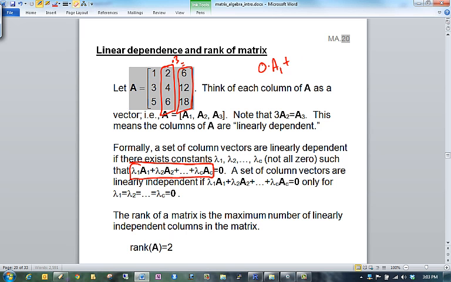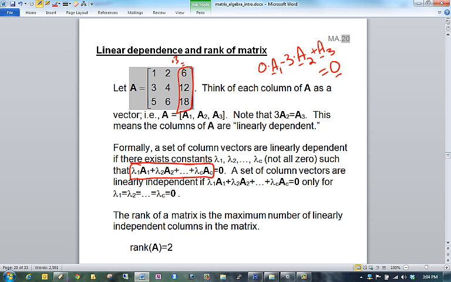Then suppose I take -3, so -3 is lambda 2 times A2, and then I add A3. If you do that calculation, you get a 0 vector. That again shows that we have linear dependence there.